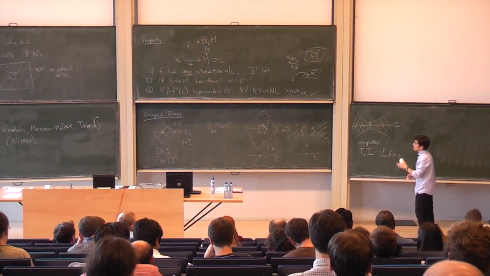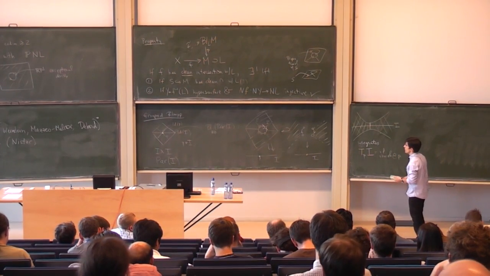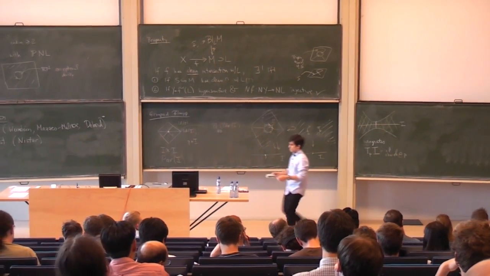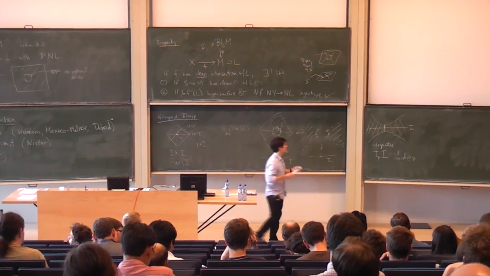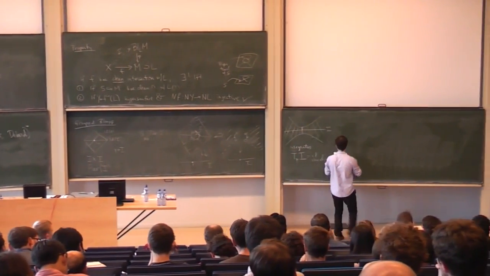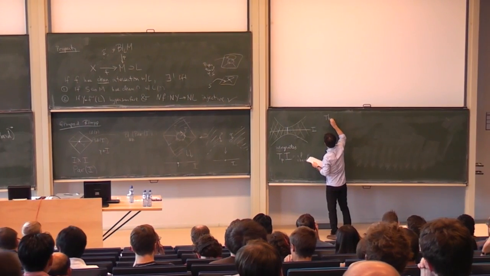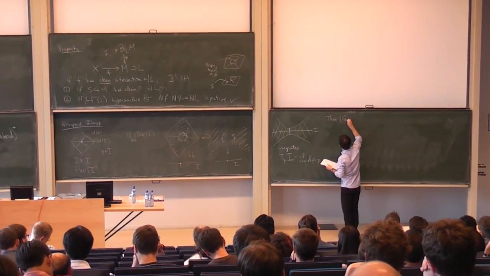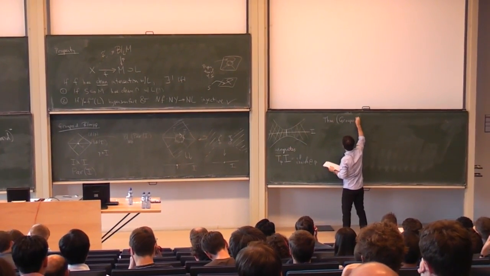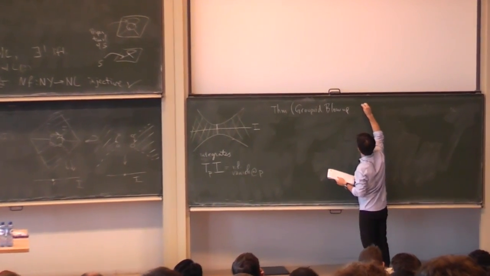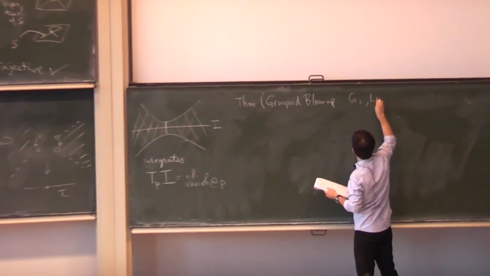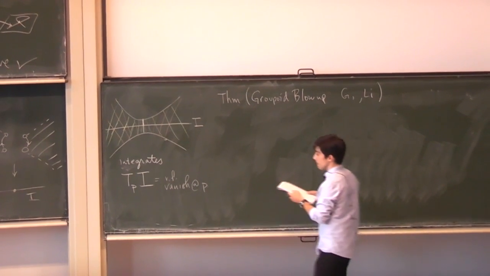We wondered about how general this construction is, and what I can say is that you get a surprisingly general result. So here's a theorem, which is in that paper I mentioned.